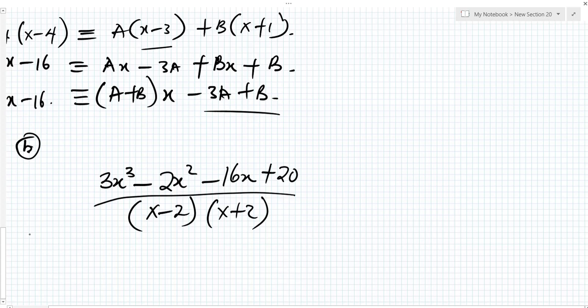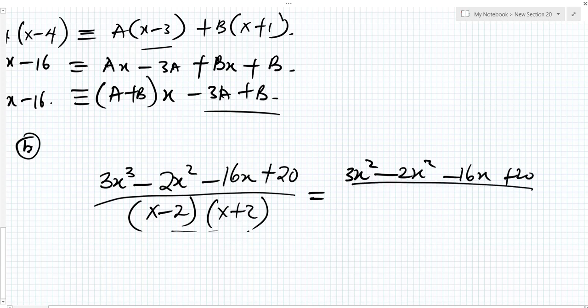So what I'll do next is I will expand this. So this is equal to 3x cubed minus 2x squared minus 16x plus 20 divided by, if I open up this bracket, x squared minus 4.